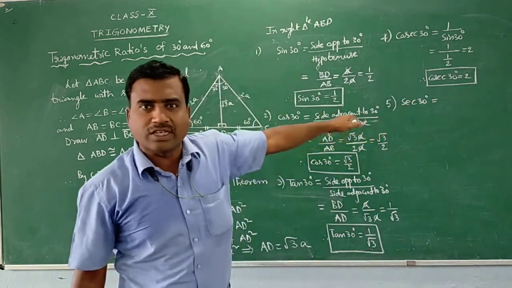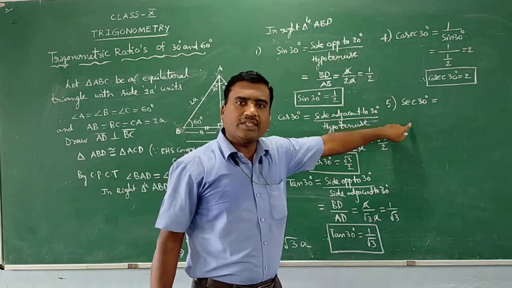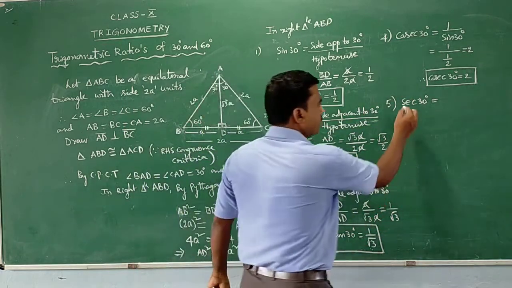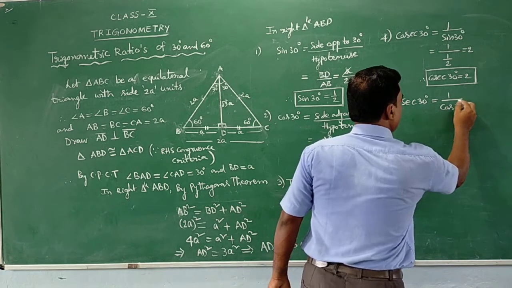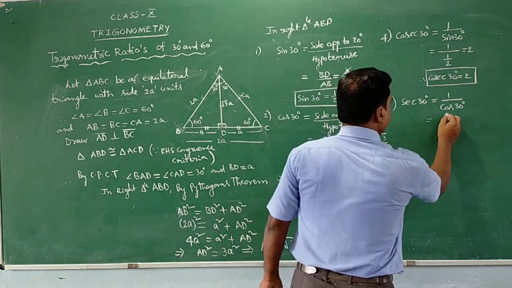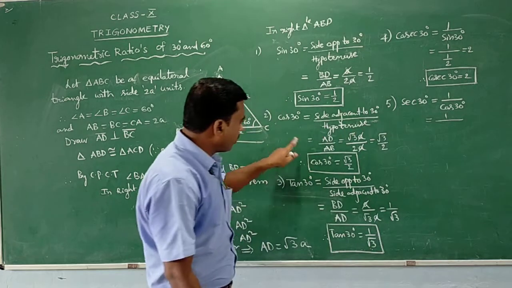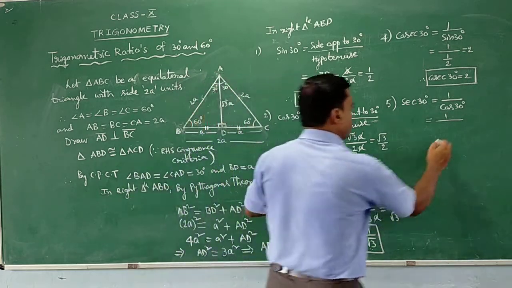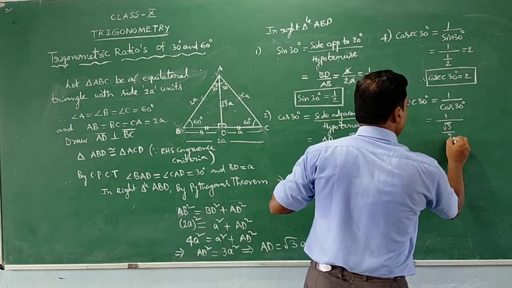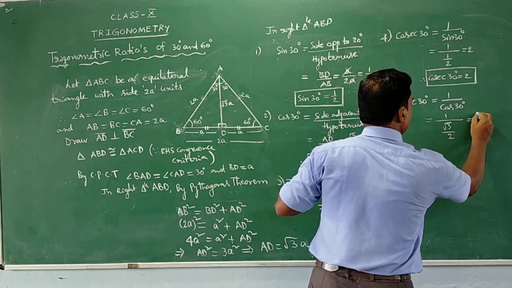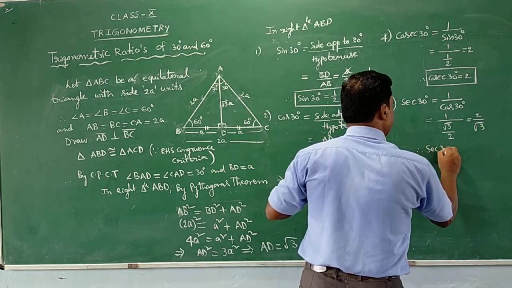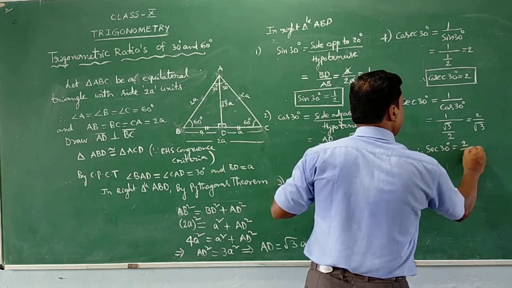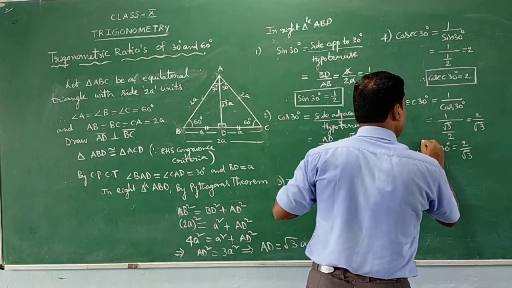Secant theta is equal to 1 by cos theta. So secant 30 degrees is 1 by root 3 by 2, which is 2 by root 3.